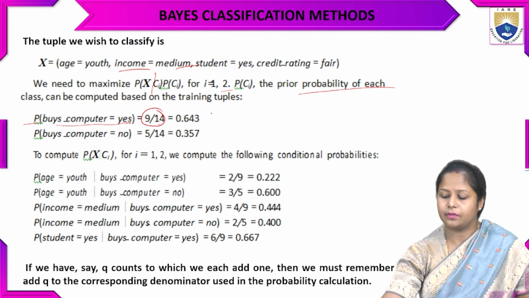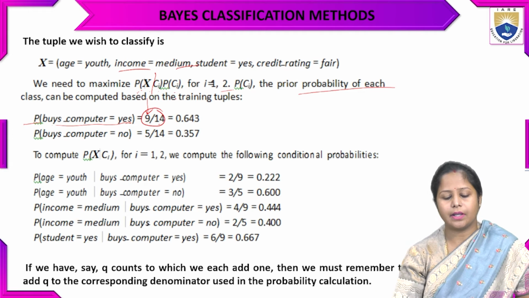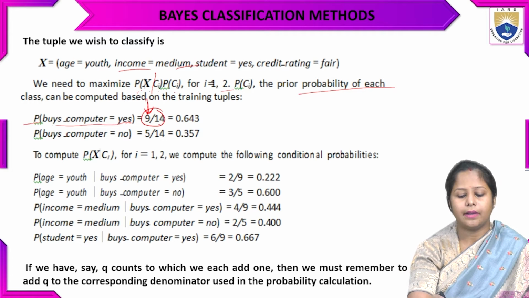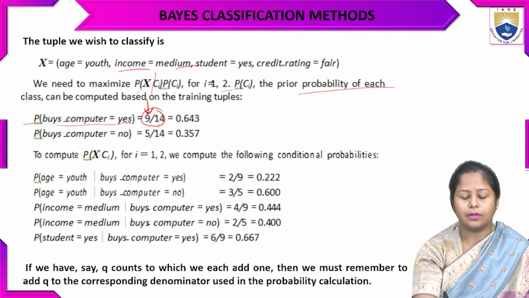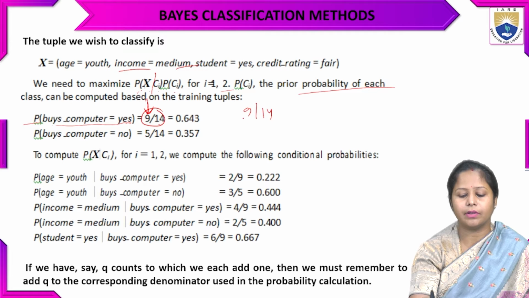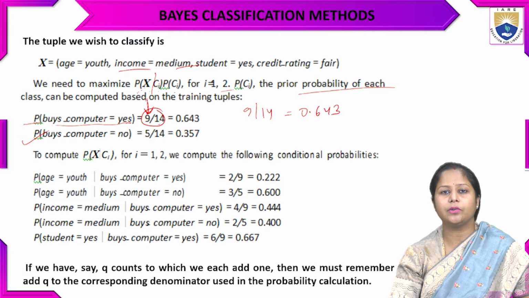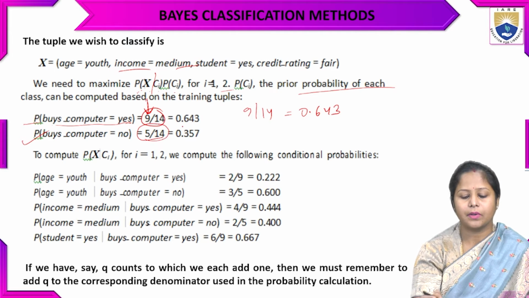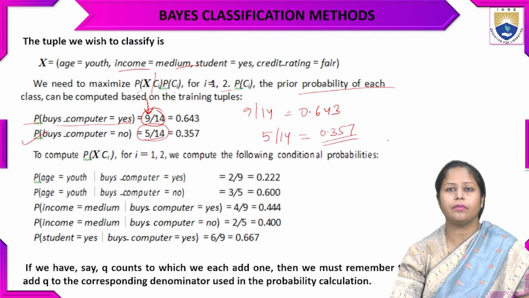Dividing 9 by 14, it comes to 0.643. For the other condition, when buys computer equals no, the value is 5 upon 14, so the value will come as 0.357.